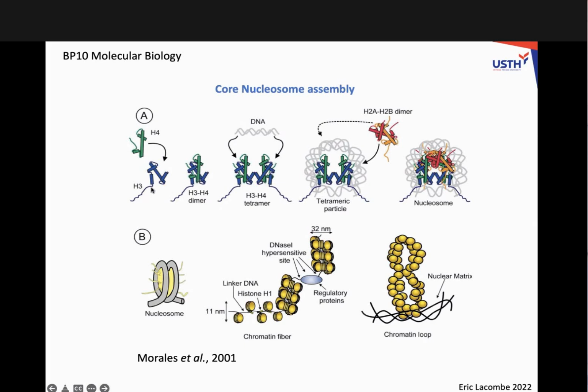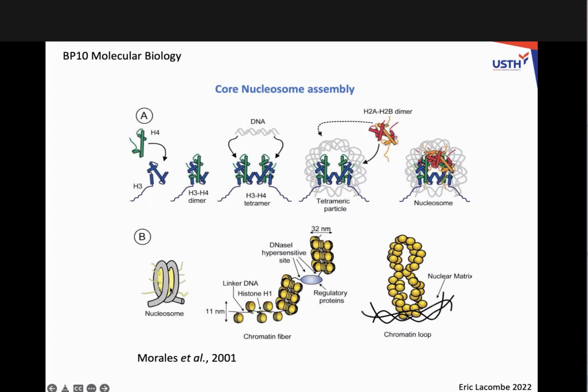DNA, and try to keep in mind that histones are extremely well structured, but they've got a tail in the NH2 terminal sequence that is outside of the nucleosome. Can you see here in yellow?